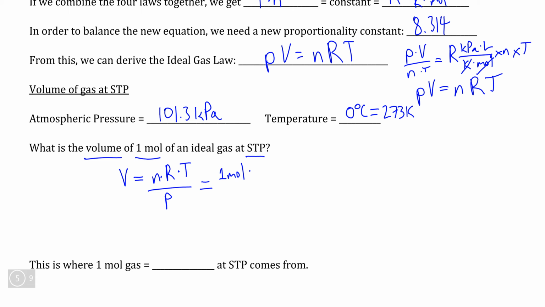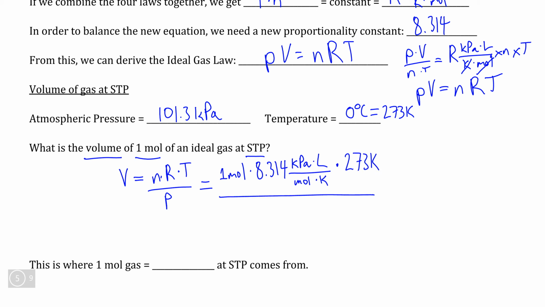We know that the proportionality constant is 8.314 kilopascals times liters divided by moles times degrees Kelvin. And we multiply by our temperature, which is 273 degrees Kelvin, and then we divide by the pressure at STP, which is 101.3 kilopascals.